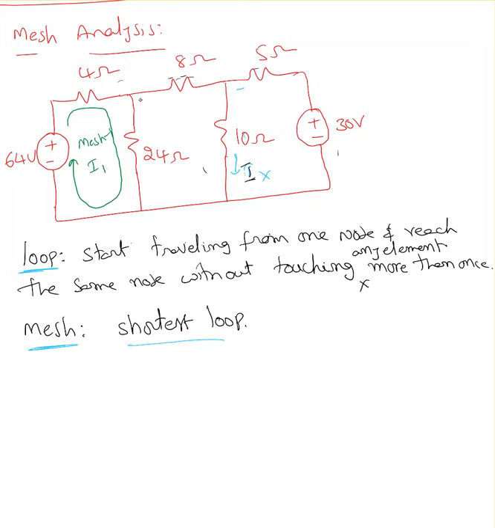For mesh 2, I'm starting at this point, going through all these 3 elements, 8 ohms, 10 ohms, 24 ohms, reaching back. That is mesh 2. I'm going to call this current I2, and mesh 3 is right here. I'm going to call this current I3.